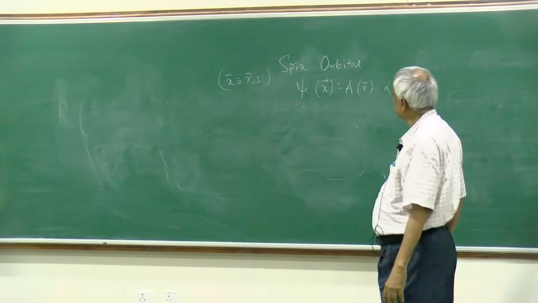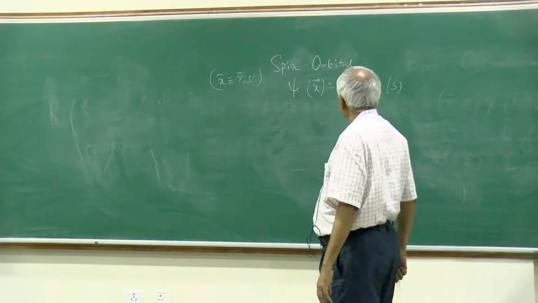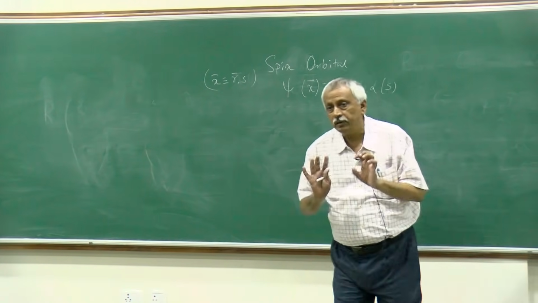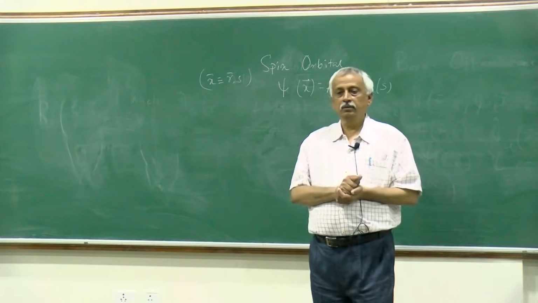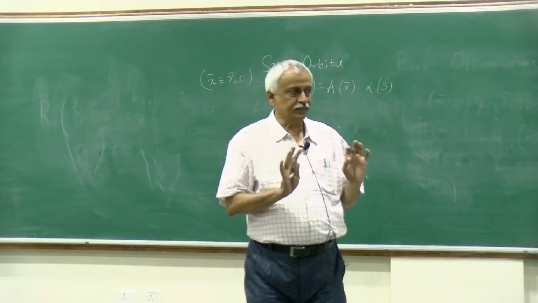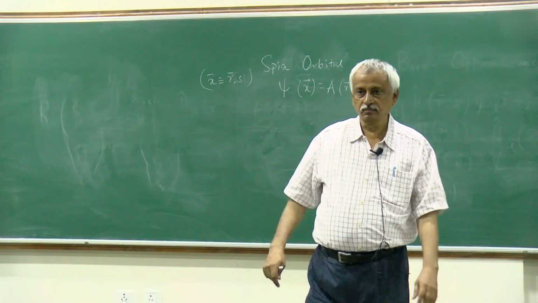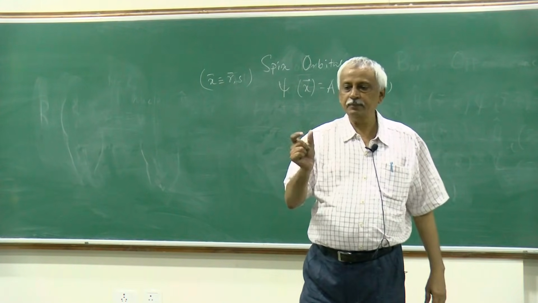Now, suppose I want to find out the probability of finding that electron in some volume element dx.